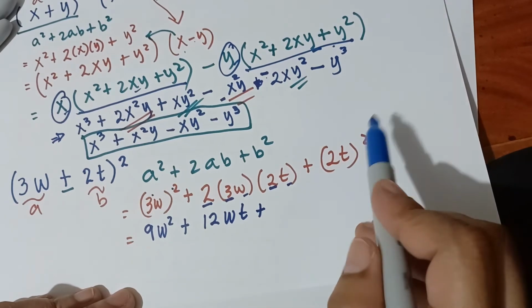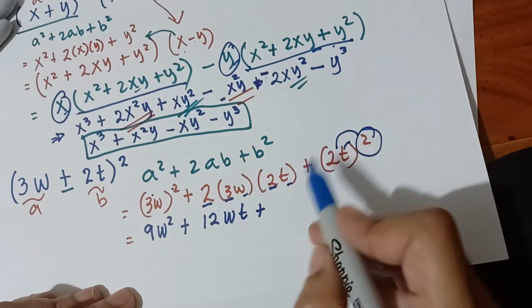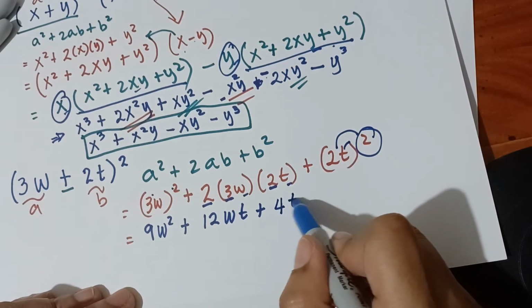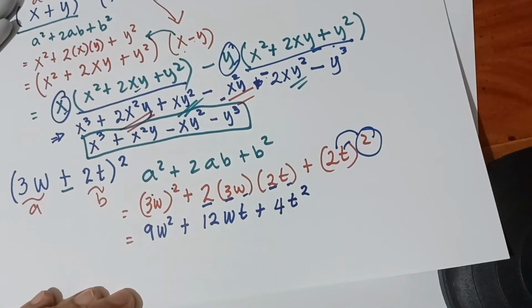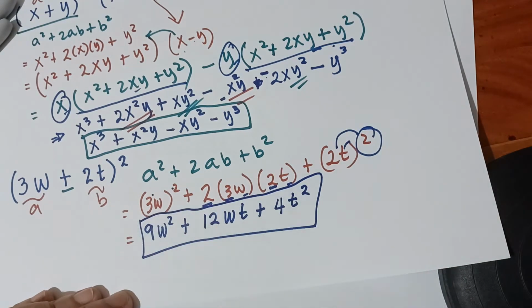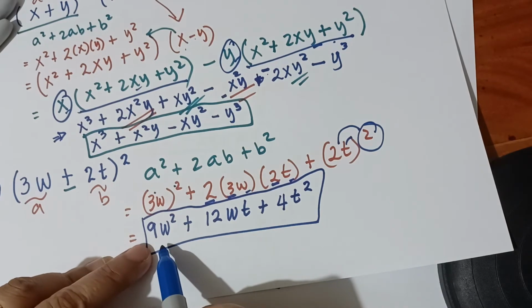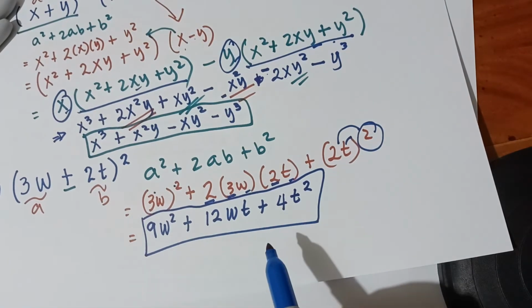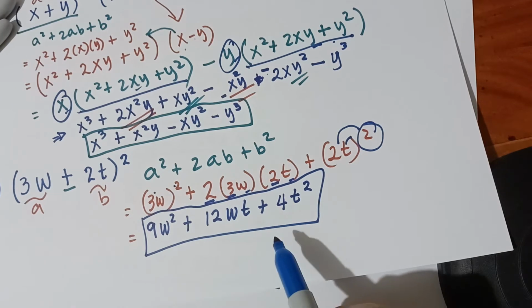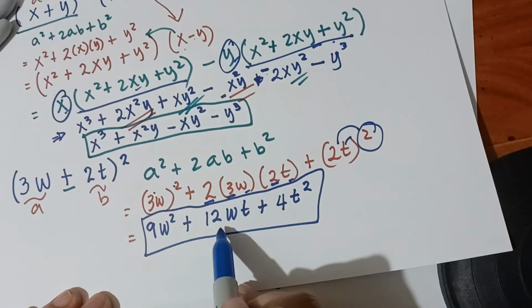Plus, distribute again this exponent to 2 and t. So, 2 squared is 4 and then t squared. Okay, so this is now the answer. Okay, so checking, 9 is 3 and 3, so it's a perfect square, and then 4 is 2 and 2, which is also a perfect square. It's the same. So 3 times 2 is 6 times 2 is 12.